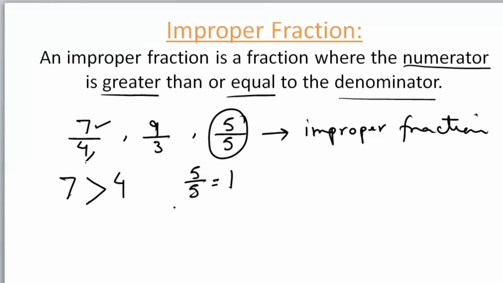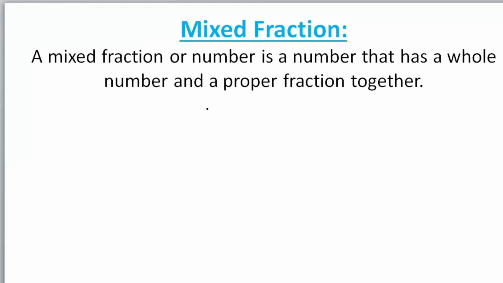Now let's check another type of fraction, that is mixed number. Here comes the third type of fraction, that is mixed number, or you can say mixed fraction. Now let's see what is a mixed fraction or number. A mixed fraction or number is a number that has a whole number and a proper fraction together. What does it mean? It means in a mixed fraction or number, first it should have a whole number as well, and then it should have a proper fraction.